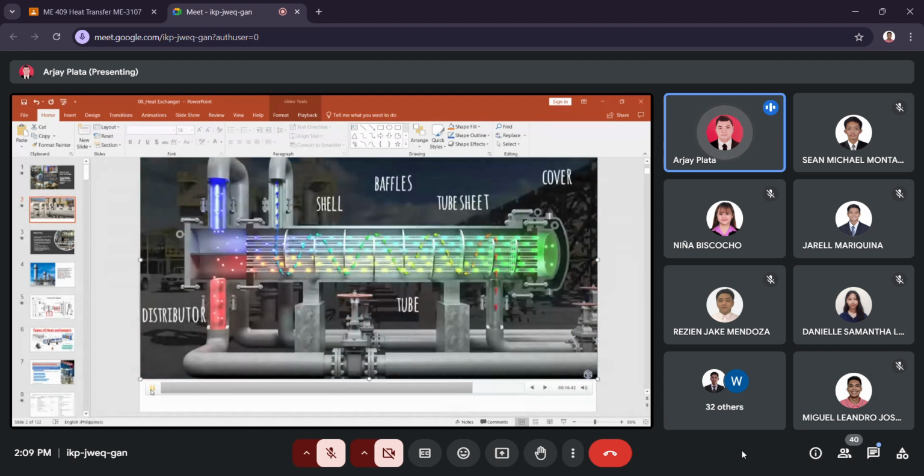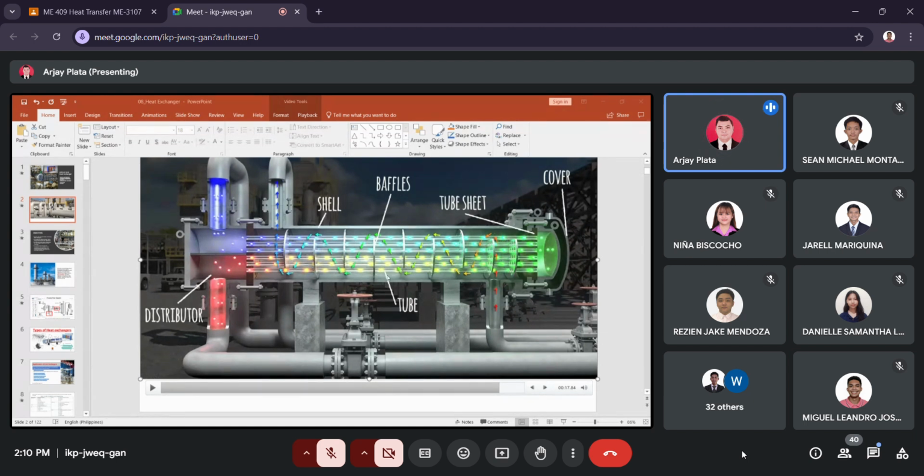Let's go inside. So this is the inside of the heat exchanger. So we have here the shell, and inside are the tubes, and then we have a baffle. So the purpose of the baffle is first to direct the flow. So imagine if there's no baffle, so the flow will be scattered all over the shell.